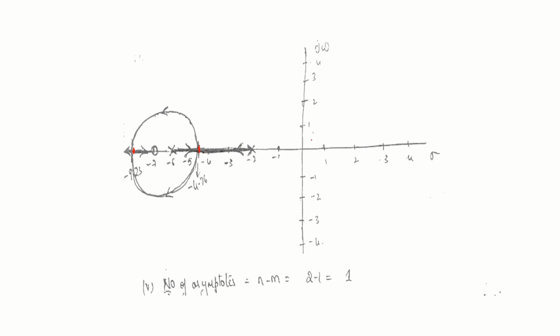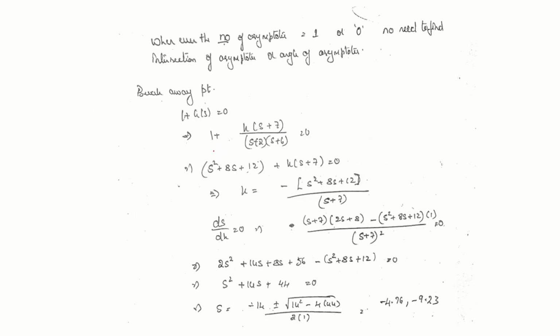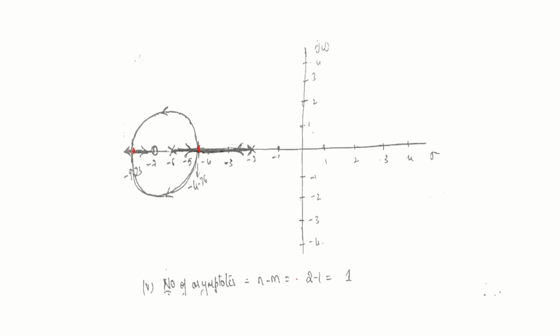You do not have to separately calculate breakaway point and break-in point. When you do this, you are going to get 2 values here. -4.76 here, -9.23 here. That will act as a break-in point. So there is only one asymptote. So this will go here. Maybe it will go here, end at 0. The other one will go to infinity along this asymptote. That's it.